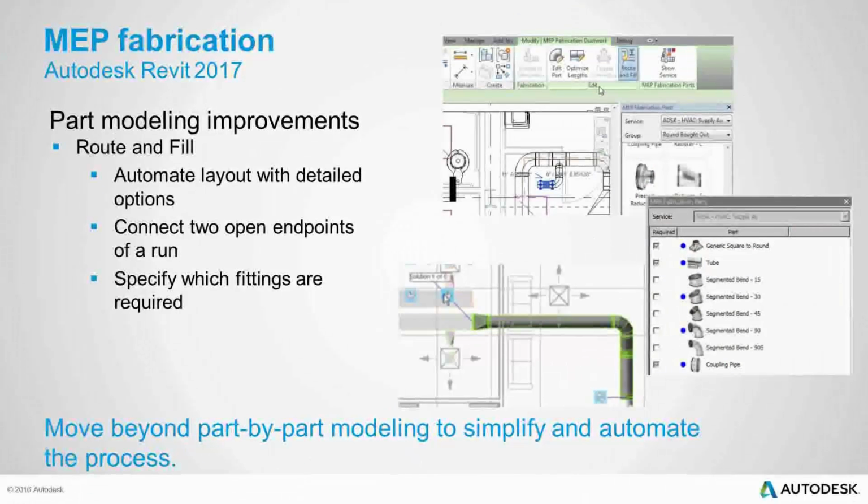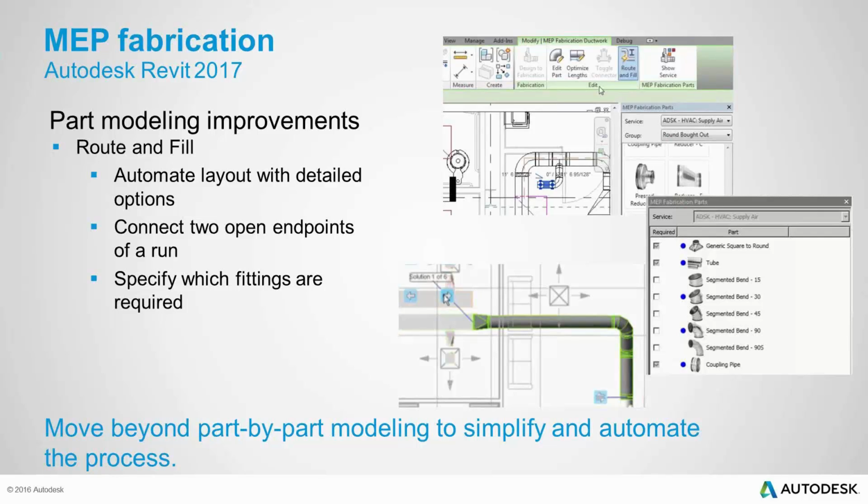You can now select the two endpoints of a run and have the software automatically generate different options on how to connect them. It allows you to preview which fittings are going to be used in each option, or you can specify specific fittings that you're interested in.